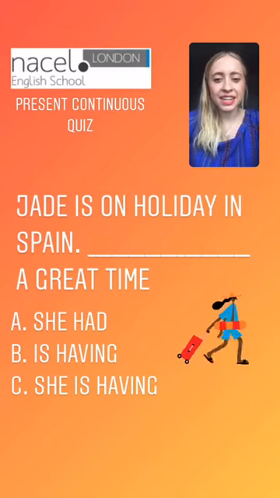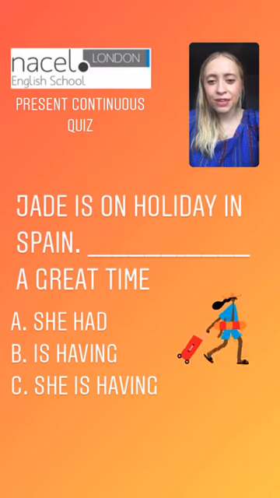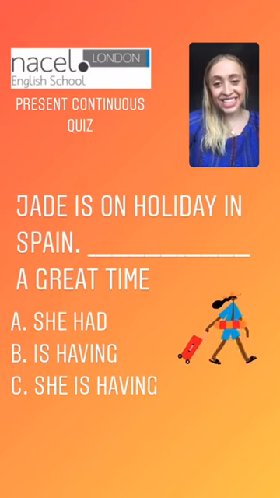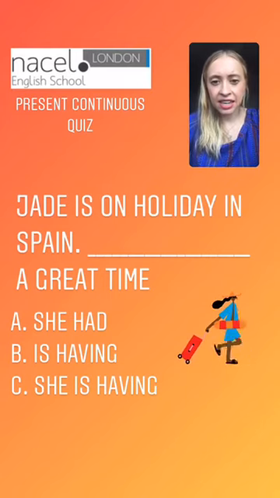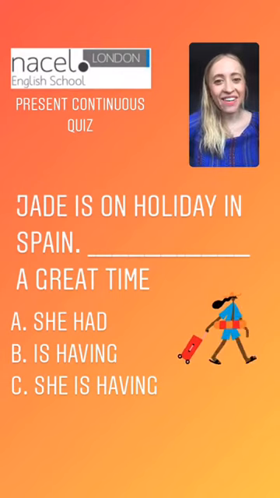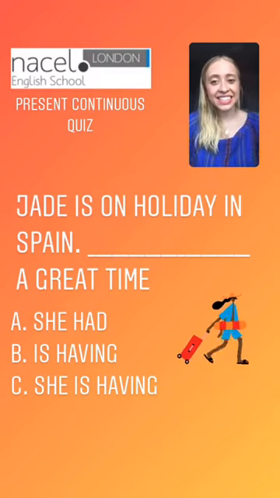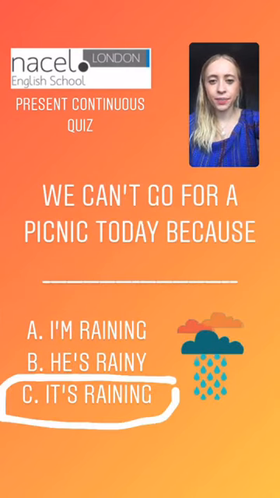What is the correct answer? I'm going to give you a few seconds to finish answering this, and then we'll have a look at the answers together and see if you are correct.